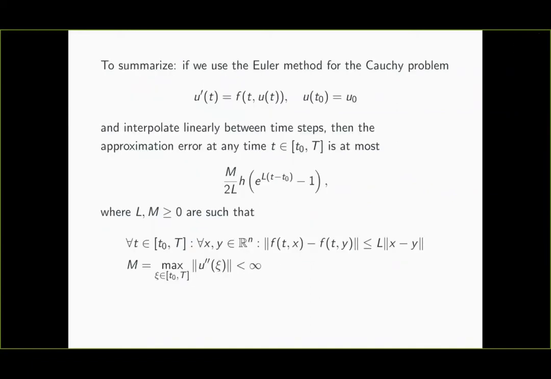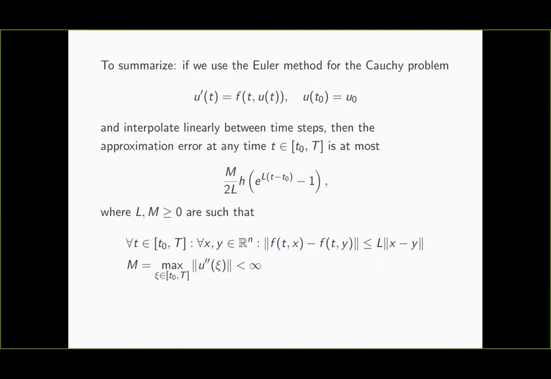Okay, now we can finally summarize. So if we use the Euler method for the Cauchy problem, that is as follows, namely u'(t) is equal to f(t, u(t)) with initial condition u(t_0) equal to u_0, and let's say between the discrete time steps we apply linear interpolation.